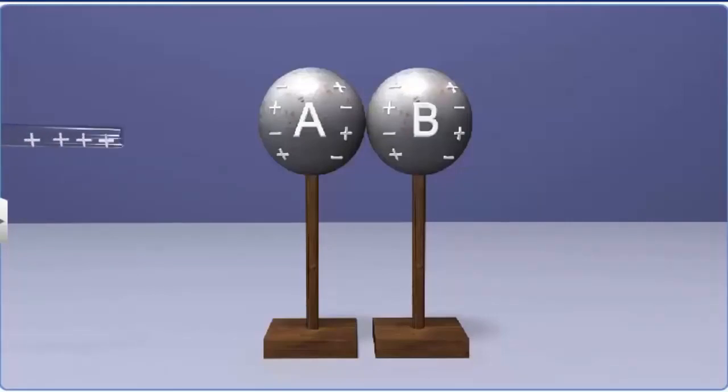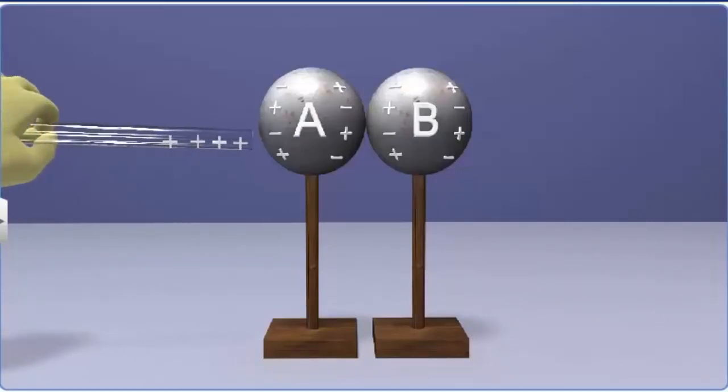When we bring a positively charged glass rod near sphere A, negative charges accumulate on its near side, and positive charges accumulate on the far side of sphere B, according to the principles of attraction and repulsion respectively.